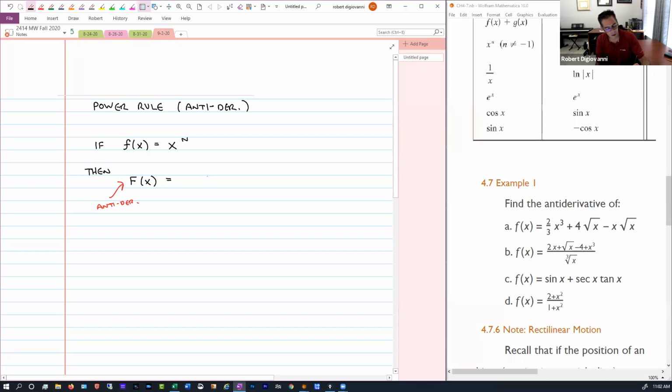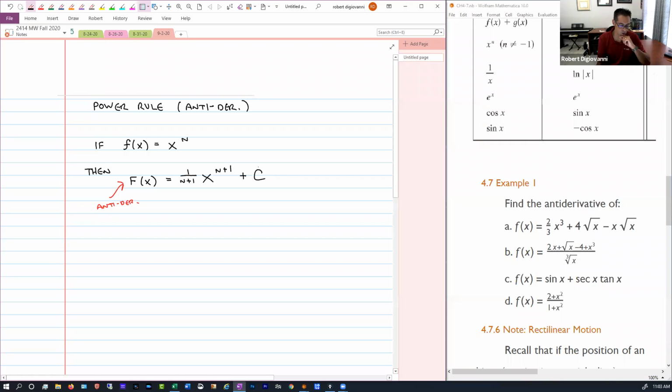We knew that the power had to go up by 1, which is the opposite of taking the derivative. Instead of subtracting, we have to add. And then we also have to multiply by 1 over n plus 1, because when the power comes out as we take the derivative, the 1 over n plus 1 will kill that power off. And so we'll just get a 1 in front, and then plus a constant.